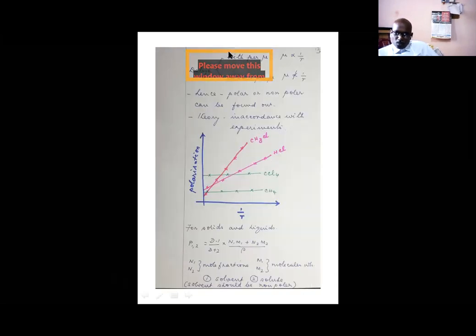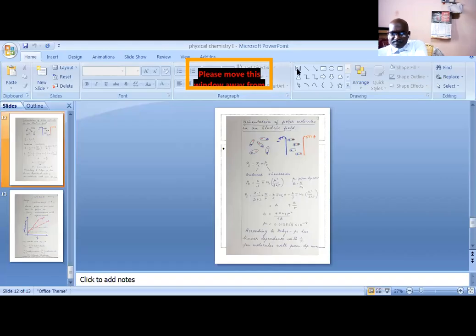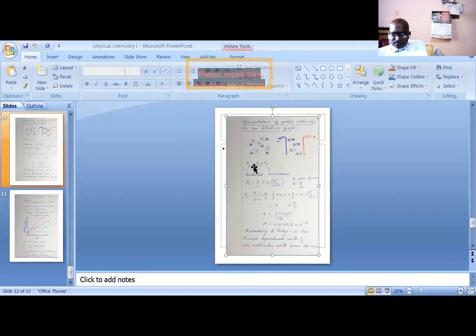Look here, I don't know why this window comes over there. I don't know why this window comes over here.